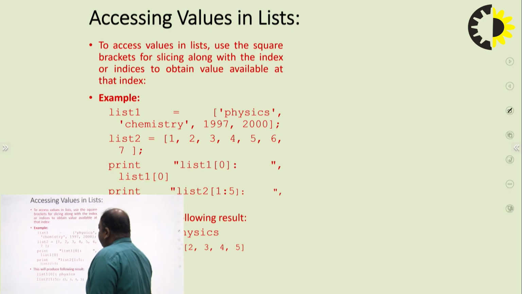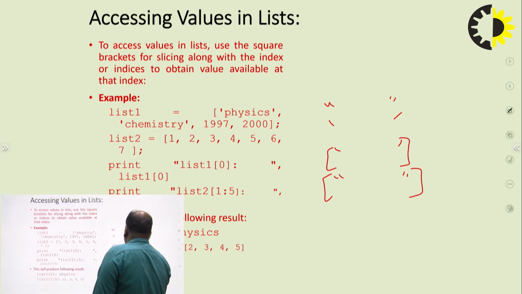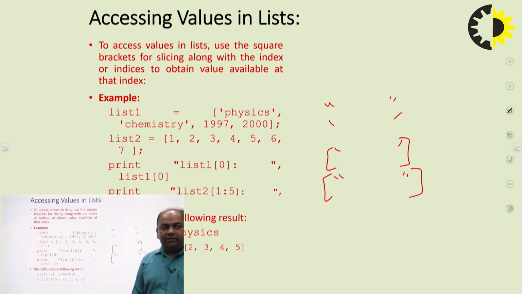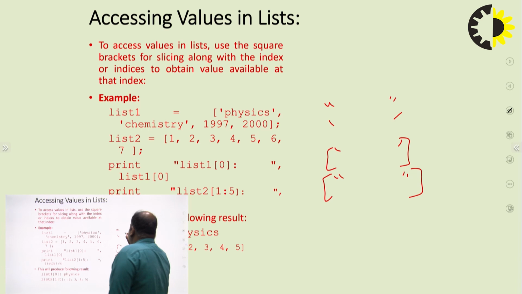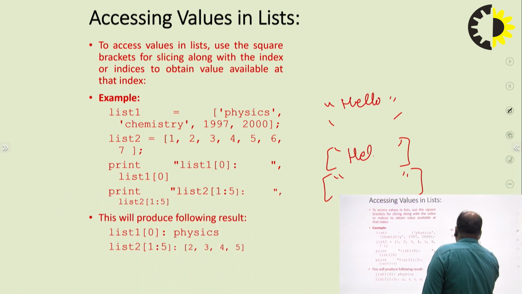Just one difference: in the string we use double quotes or single quotes. In a list we use square brackets, and then we write single quotes or double quotes inside that square bracket. So this hello represents a string, this hello represents a list.